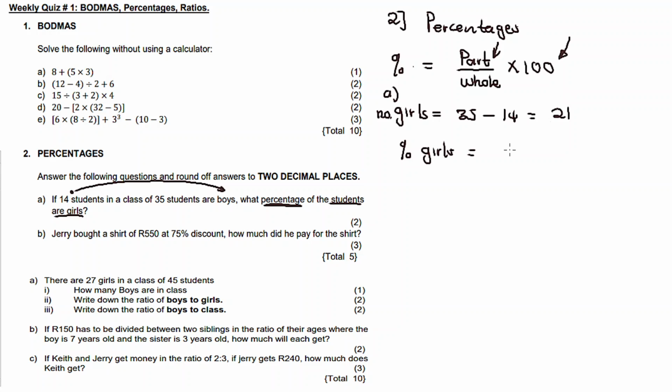It's the number of girls, 21 girls in the classroom, over the whole, the total number of the students, which is 35, multiplying 100, equal to.